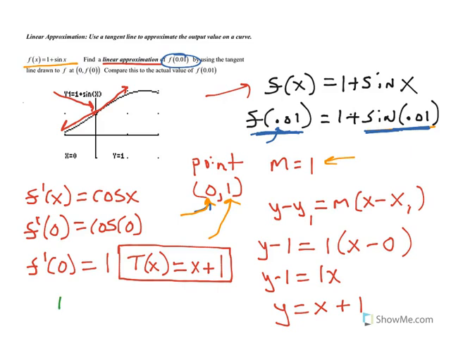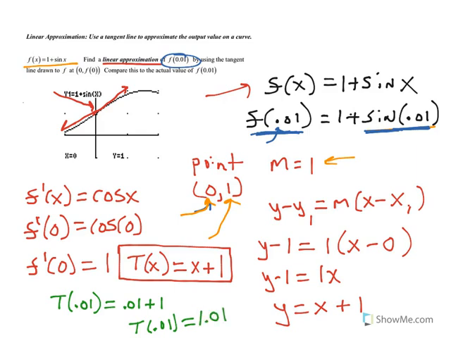Tangent with an input of 0.01, what do we get for an output? That's going to be an input of 0.01 plus 1. So t of 0.01 should be equal to 1.01.